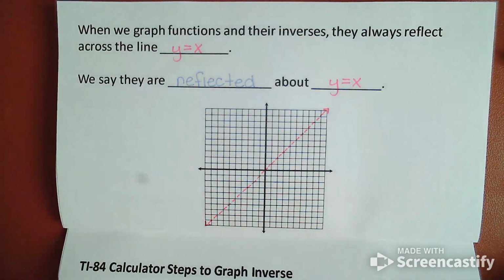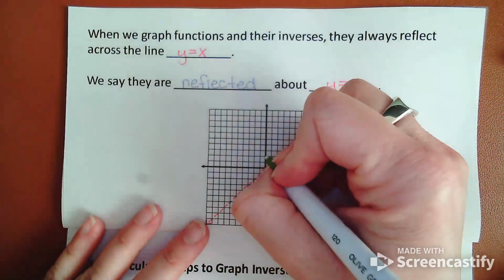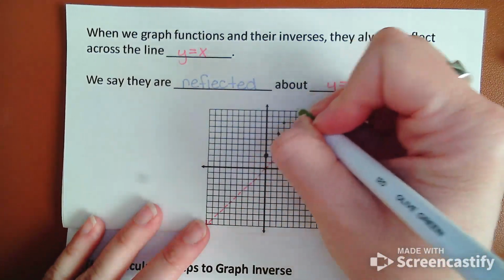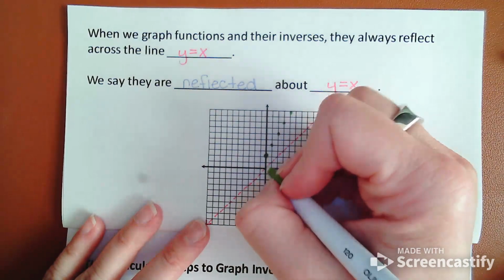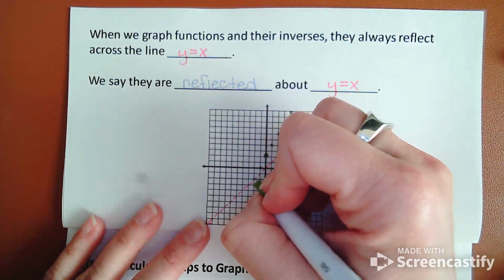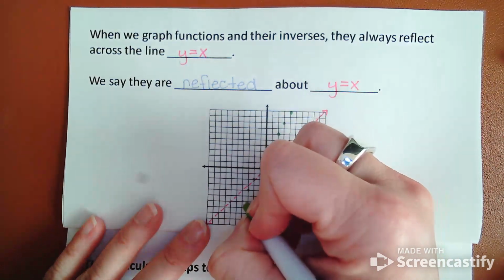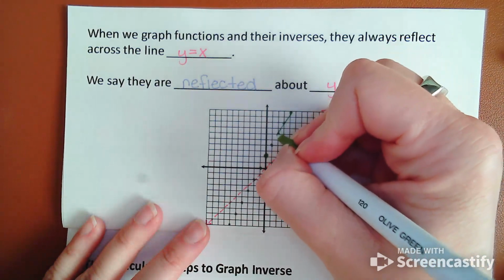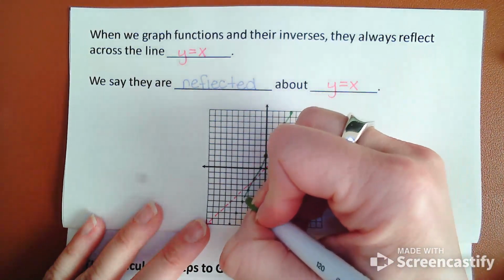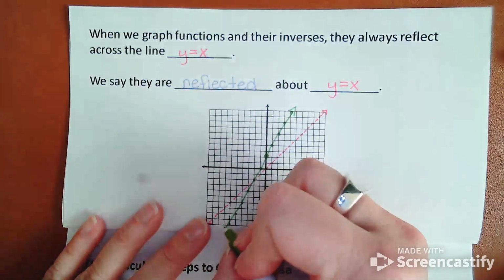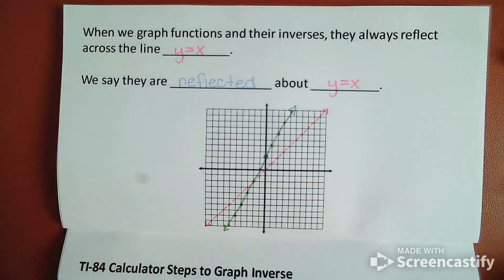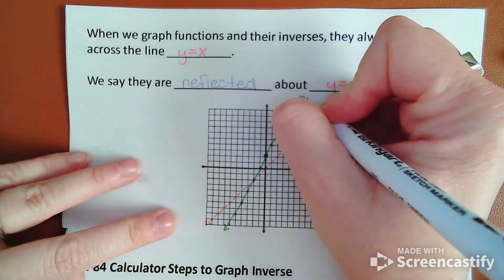So if I were to have a graph that looks like, let's say it starts here and then it goes like that. So if I were to have this as my original function, we'll call it f of x.